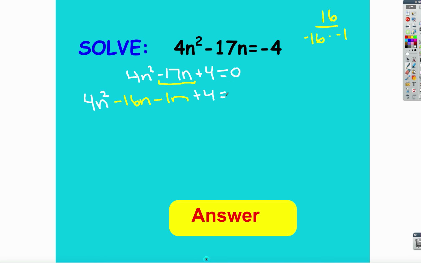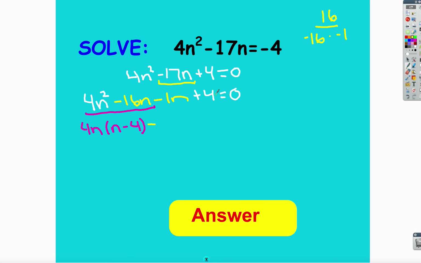But now I can factor this by grouping. When I look here, these two terms have a common factor, and that would be 4n. So when I factor out that 4n, I get times n minus 4 here. I need to bring down that minus sign in the middle so that I don't forget.